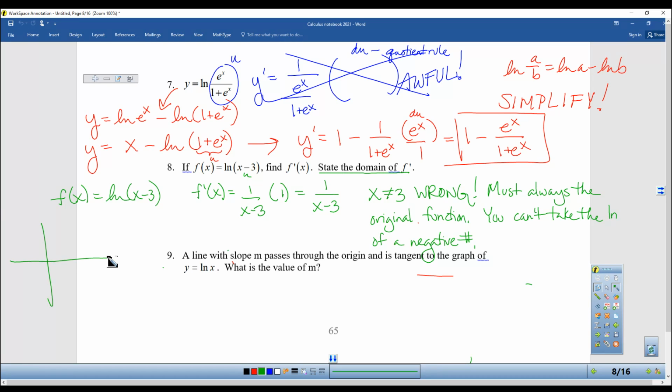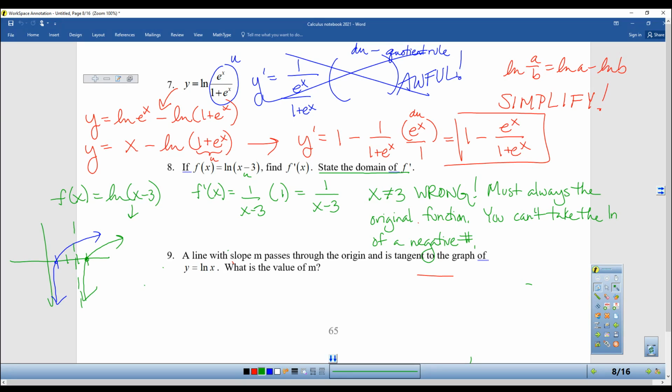So a general natural log graph would be here at 1, and it would look like that. Our graph, x minus 3, is actually going to move 1, 2, 3 to the right, and it's going to have its asymptote at 3. It's going to look like this. That's our graph.